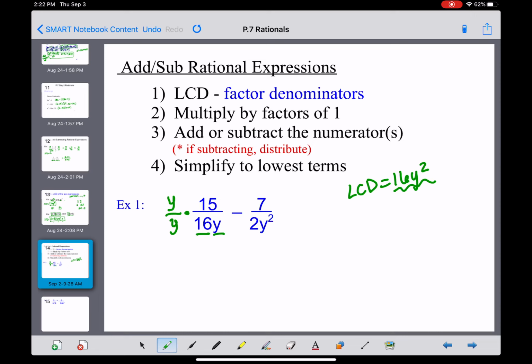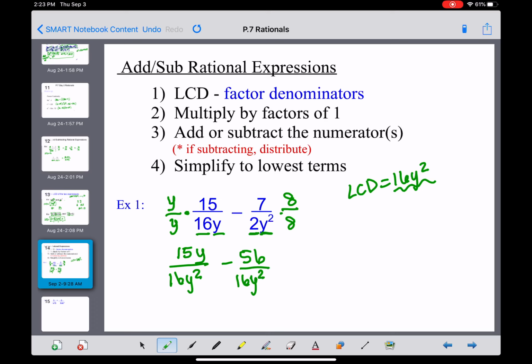And then on this one, I have a y squared and I have a 2, but I need that to be a 16. So what's missing from that is an 8, because 2 times 8 is 16. So I'm going to multiply the top and the bottom by 8, multiplying by what's missing so that I can get the denominators to be the same. So this one is 15y over 16y squared. And then this one is 56 over 16y squared.